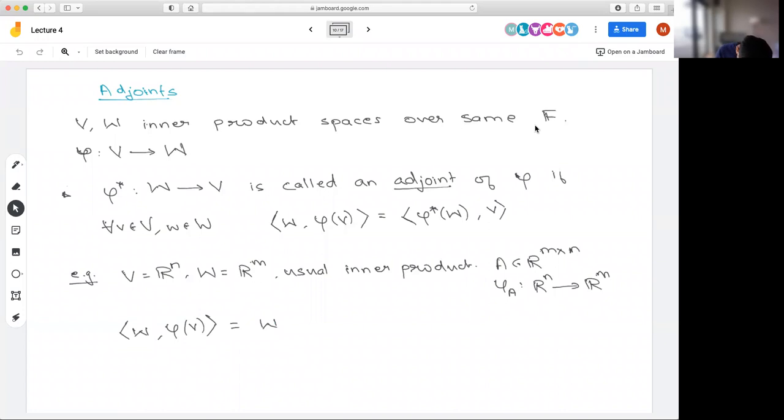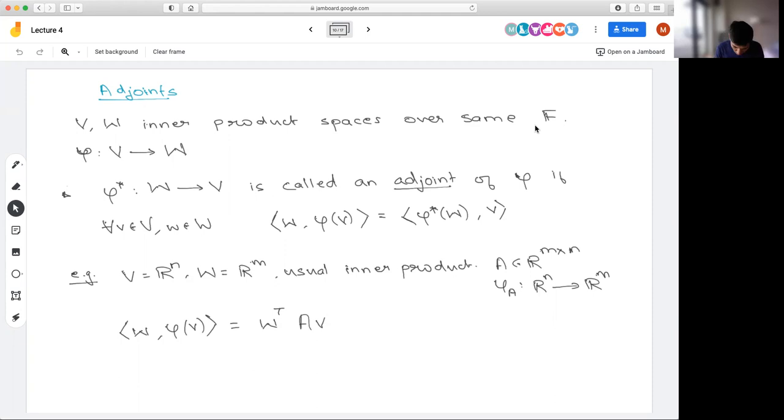So W transpose times phi of V is just the matrix times V, a column vector with m rows, and W transpose A times V is just the dot product, the coordinate wise product. This is just another way of writing the product.